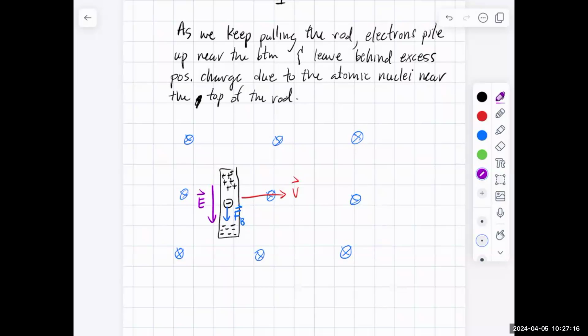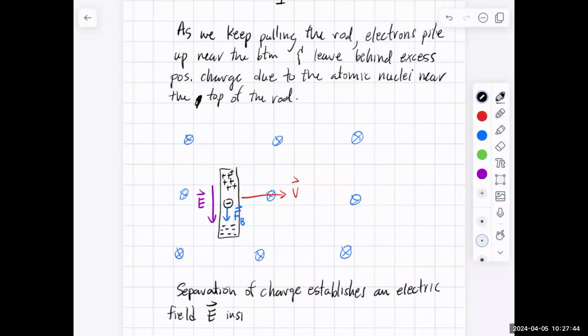And so I've drawn this electric field outside, but this is the electric field that's inside our copper rod. So the separation of charge establishes an electric field E inside the rod.